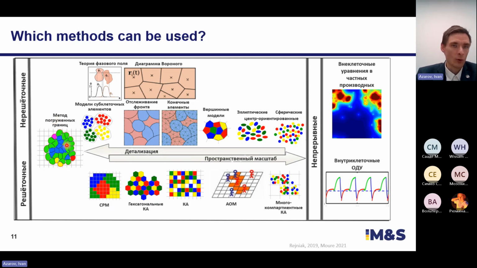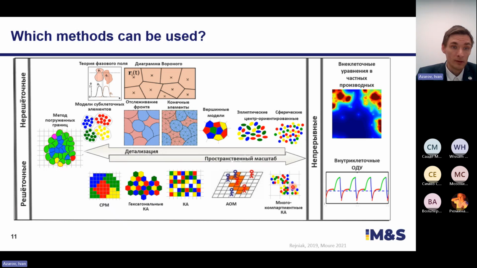For example, the immersed cell boundary approach is very complex, with a large amount of cell details, and on another level, with a very big spatial scale, you have approaches like multi-compartmental cellular automata, where in one compartment, or one method cell, not biological but method scale, you have several biological cells.